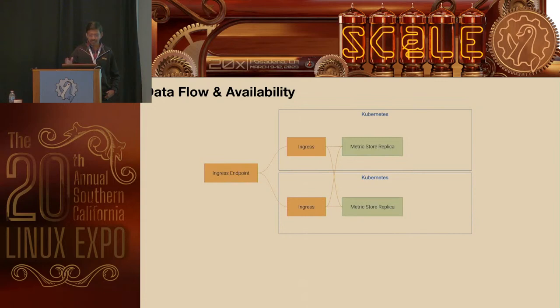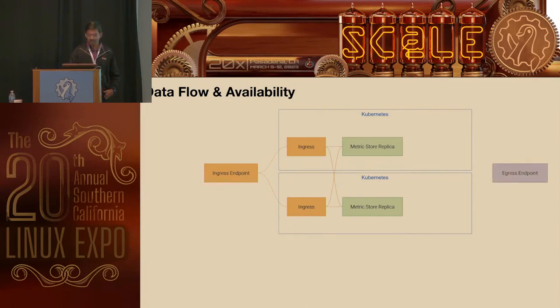And these metric store replicas or these TSDB pods that were running will have data replicated into them at the time of ingest, or replicated is the wrong word, but fan out. On a best effort, these ingest pods fan out writes into all the replicas that are there.